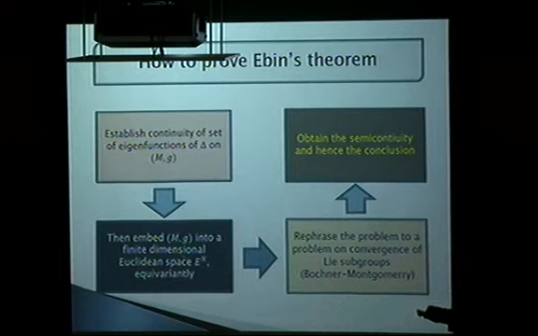And so suddenly we started with a Riemannian manifold, but through this embedding, what is called an equivariant embedding, you have this isometry group realized as a subgroup of an orthogonal group.